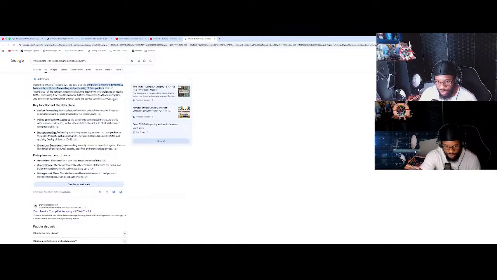Then you have the management plane, which is the interface used by administrators to configure and manage the device using Secure Shell or SSH or APIs, application programming interfaces. So either one of those tools can interface with the networking devices on the network, okay, so that you can configure this stuff.